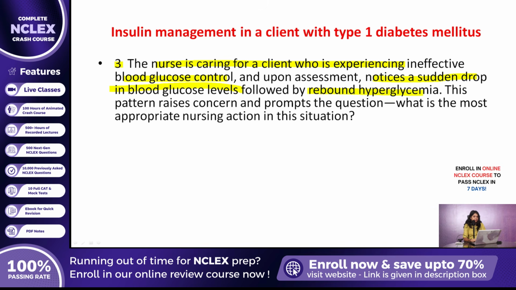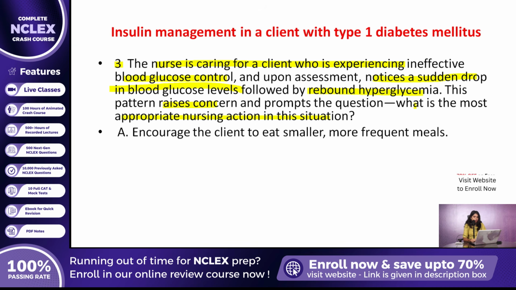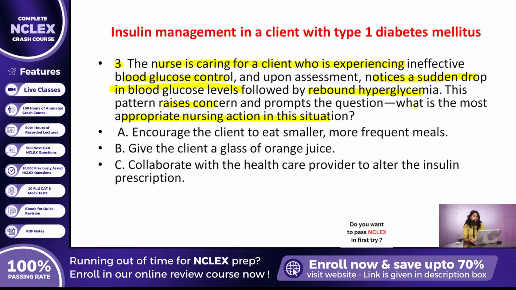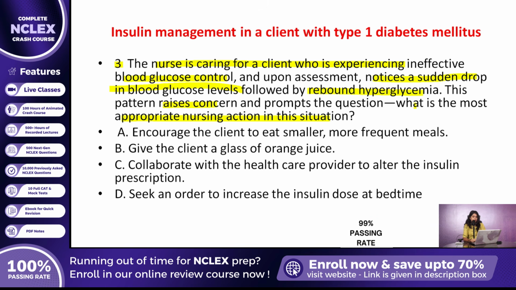This pattern raises concern and prompts the question, what is the most appropriate nursing action in this situation? Let us review the options carefully. A. Encourage the client to eat smaller, more frequent meals. B. Give the client a glass of orange juice. C. Collaborate with the healthcare provider to alter the insulin prescription. D. Seek an order to increase the insulin dose at bedtime.